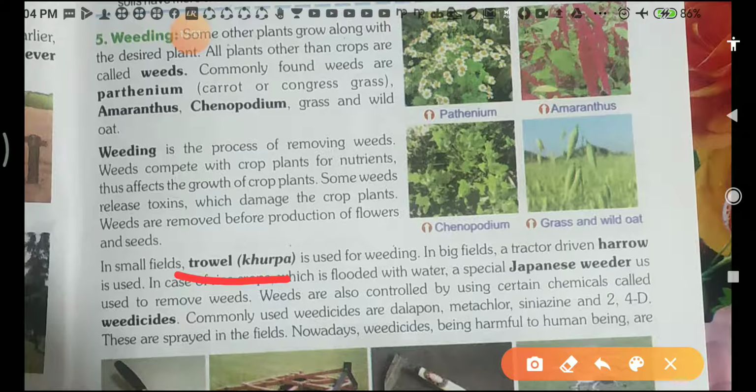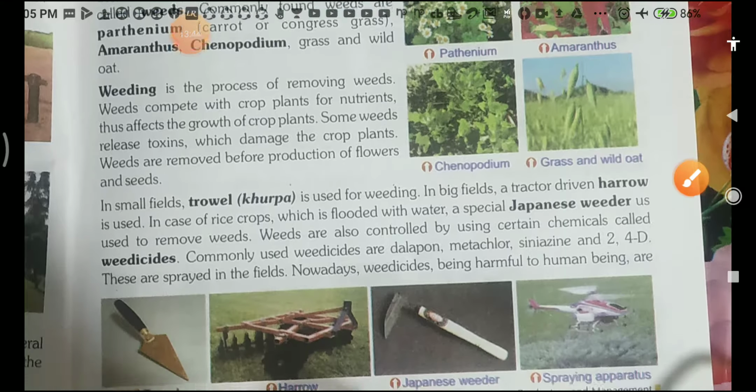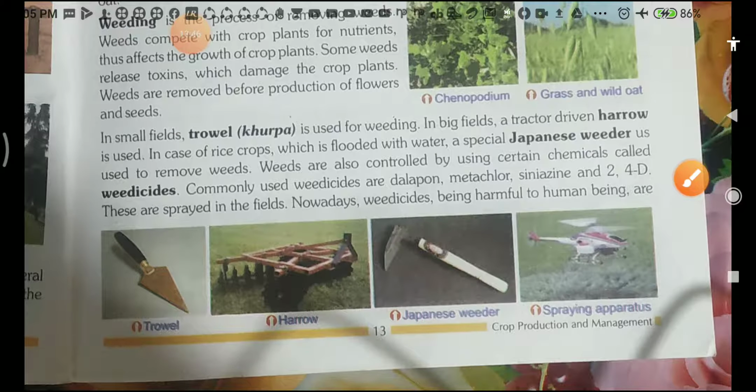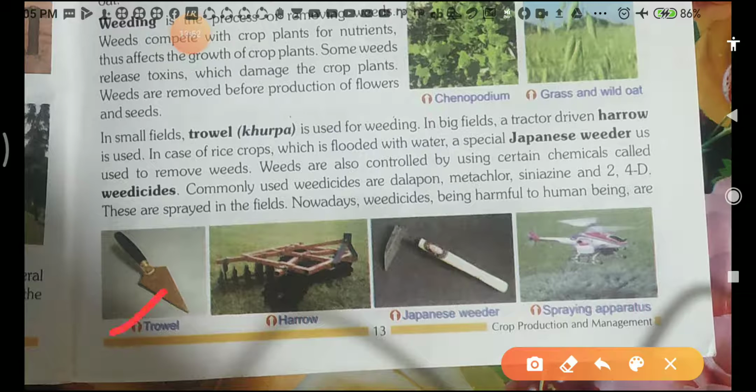In a big field, we can use the tractor driven harrow, which is used in removing the weeds from the crop. Now see here, this one is your trowel, khurpa. This one is a tractor driven harrow, used in big fields.